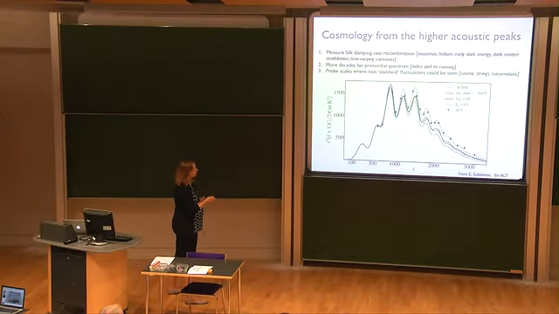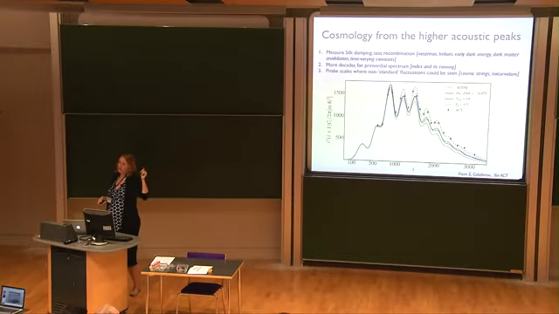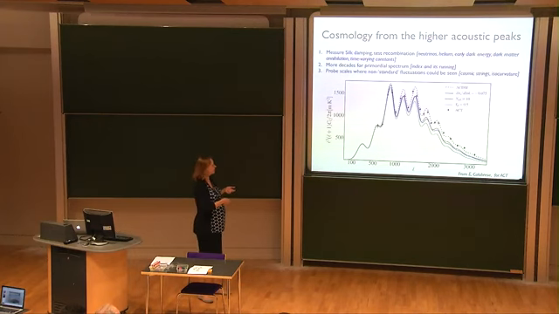And then these higher acoustic peaks are the ones probed. And on here, I'm showing the ACT results. But then Planck now nicely covers the ranges out to here. Lambda CDM is shown in the dashed curve, together with 3 models that are essentially indistinguishable at these larger scales, L less than 1,000, but show up quite dramatically differently at small scales.